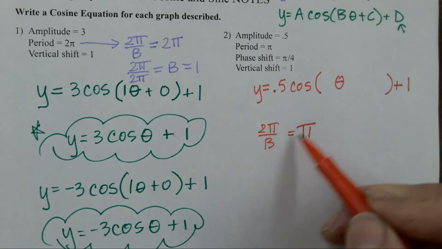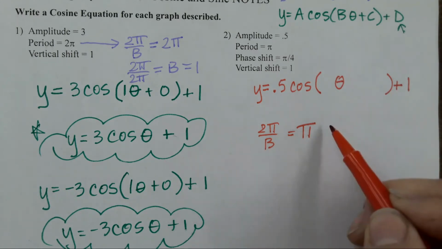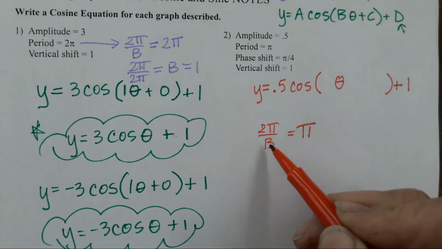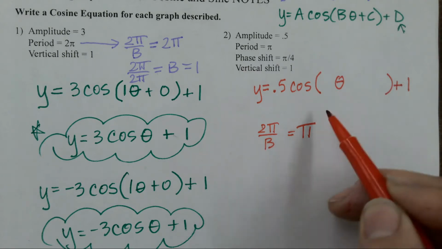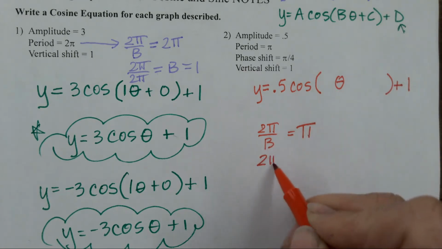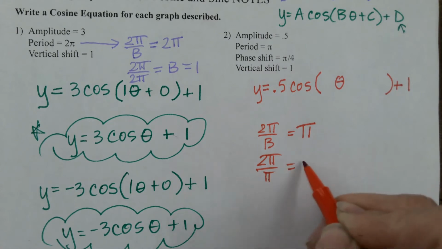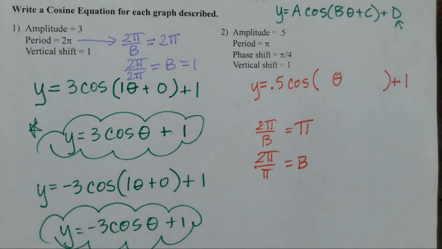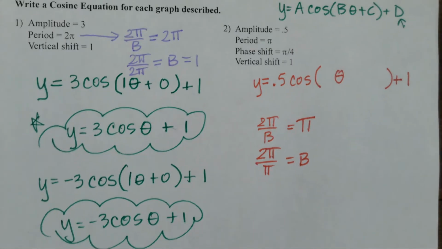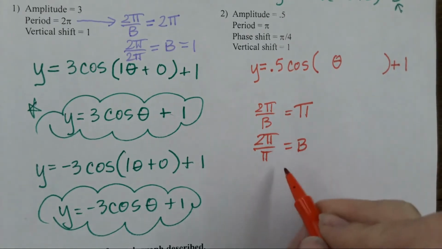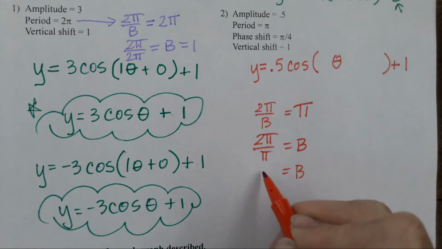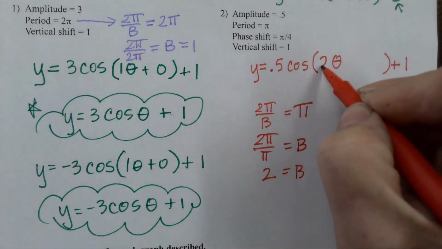I solved this algebraically by multiplying the B up and then dividing by the pi. Ultimately, I just flip-flop those two, so 2 pi over pi equals B. Are you okay with my fancy math? Does that work? So what's B? Great. I'll stick that guy right up there.